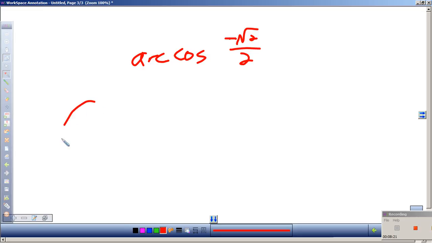When you start looking at your circle, where on here is that true? Okay. Now you have one right here, and one right here. Now, which one is it going to give as an answer?